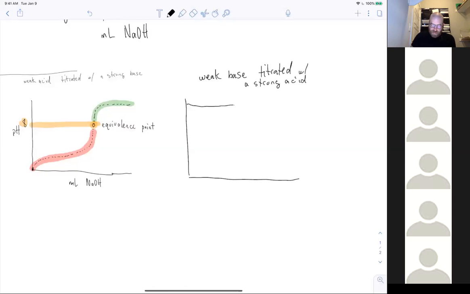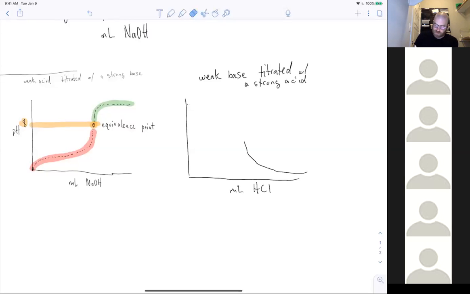You also notice that I never use a weak base or a weak acid as the thing in the burette. The thing that's being titrated is always the weak acid or the weak base. So maybe you'd have milliliters of HCl down here.